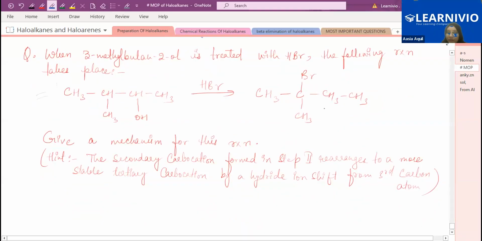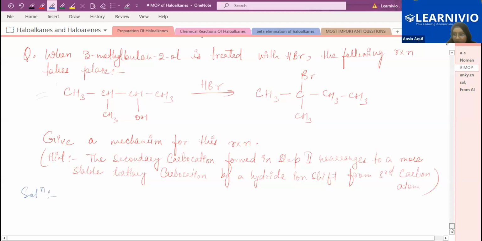And the hint is given that in step number 2, a secondary carbocation will form. That secondary carbocation will be a little unstable, so it will rearrange itself to a more stable carbocation, which is the tertiary carbocation, by a hydride shift. A hydrogen will shift there. Okay, let's see. It will be very easy when you see all the steps.